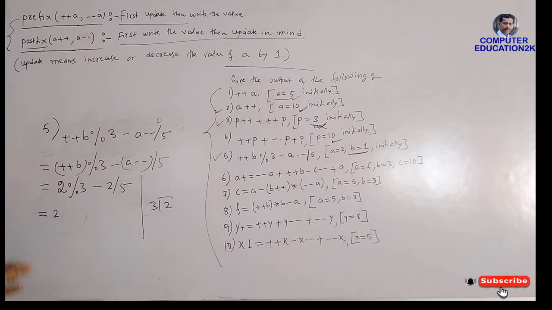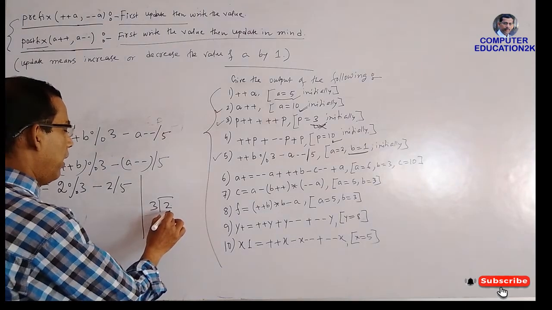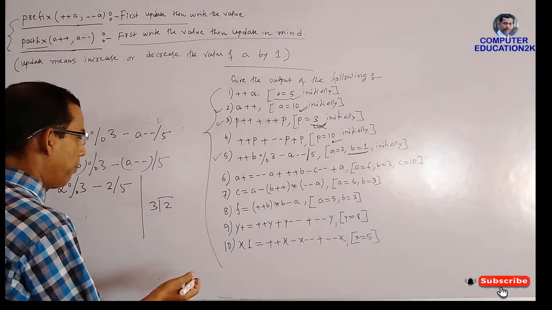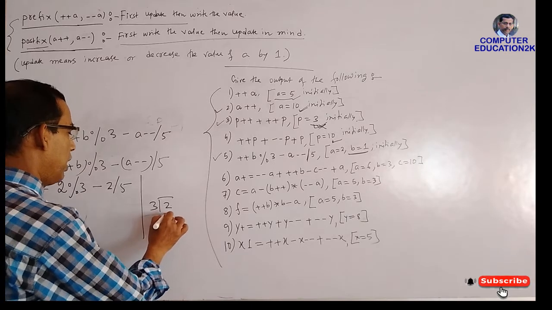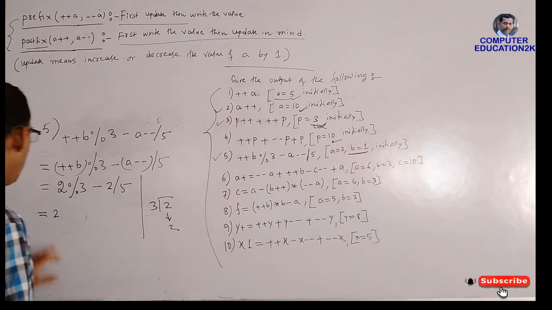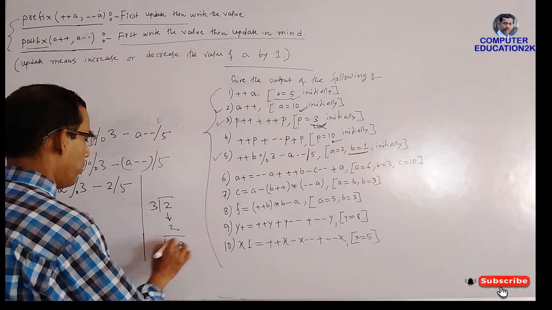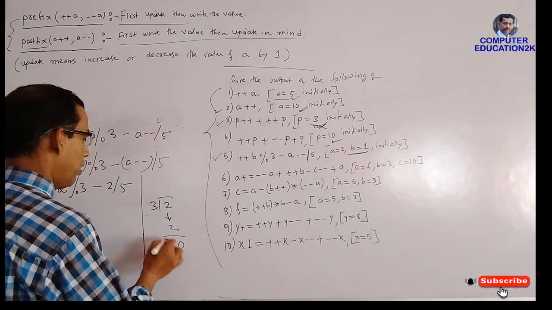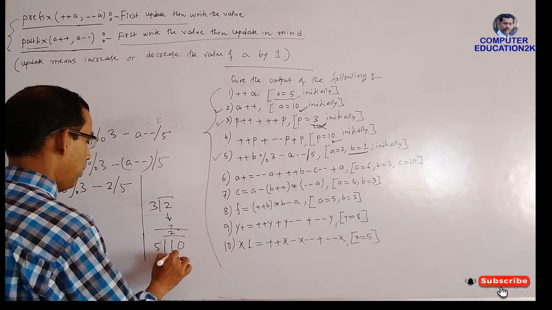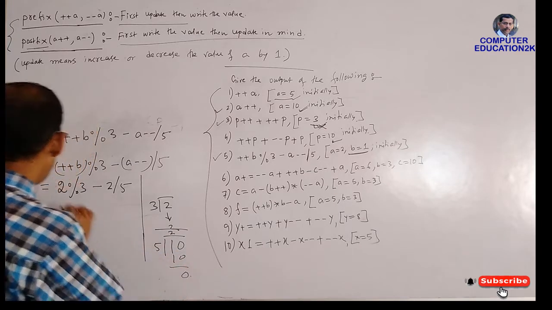Keep in mind, if you are dividing a smaller number by a bigger number, then the smaller number will come. But if you divide a bigger number by a smaller number, then you can divide, and then you can take the remainder here.